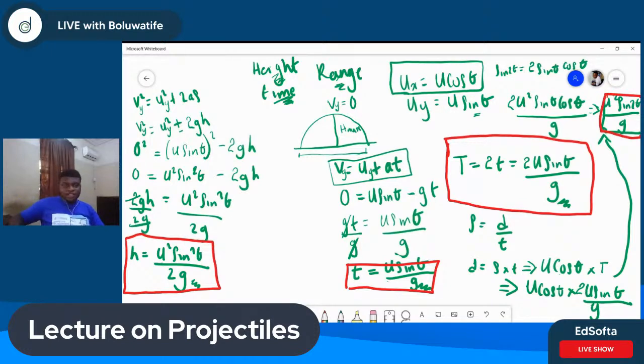So this is our range, this is our height, and then total time. And that is how the formulas for projectiles are defined. And that is all on projectiles.